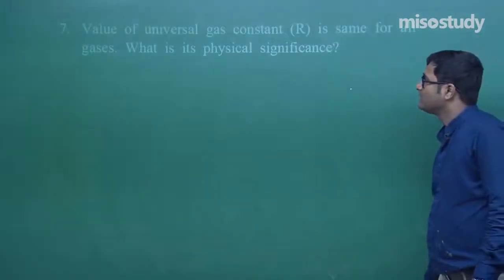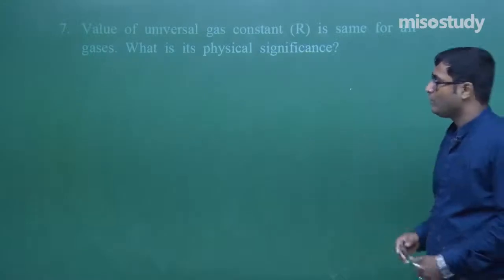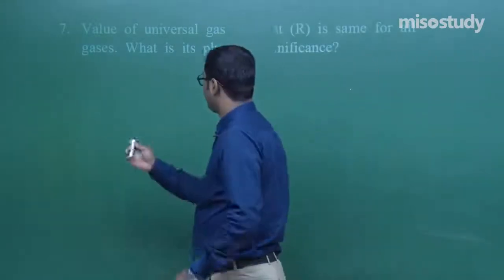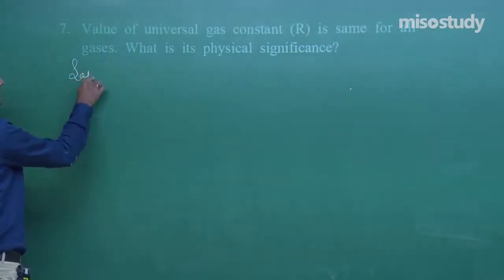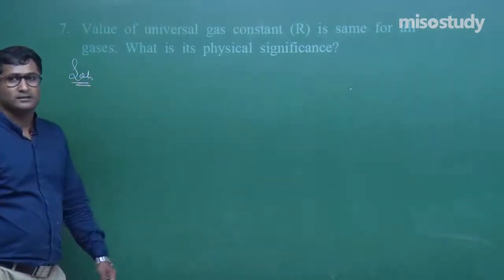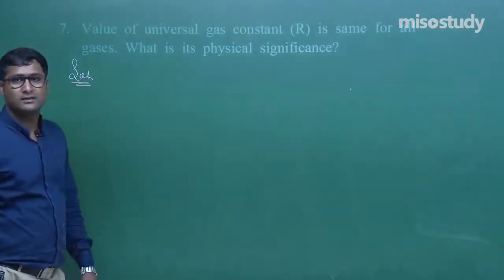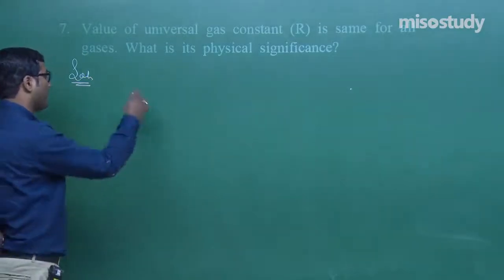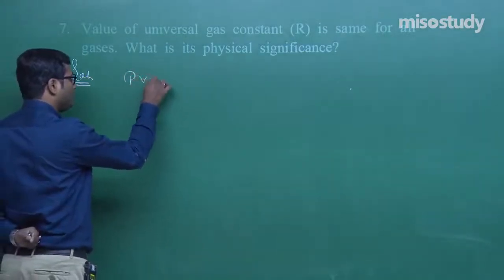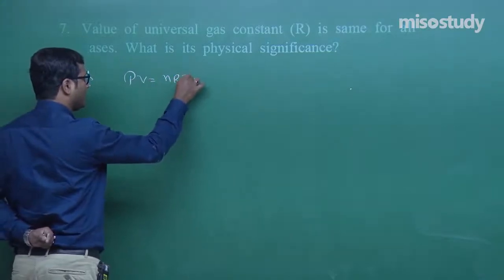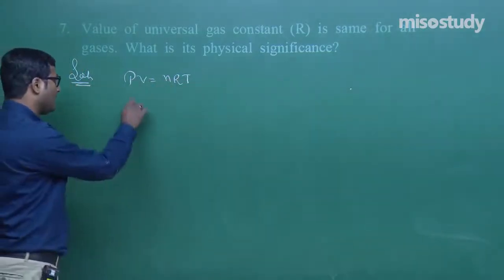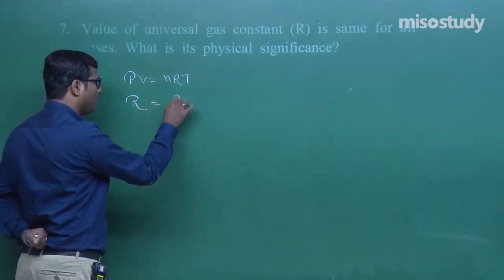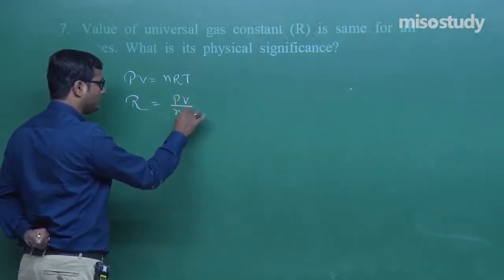What is given here? It is very simple. The value of universal constant R is the same for all gases. What is its physical significance? As we know, PV is equal to nRT. R is equal to PV upon nT.